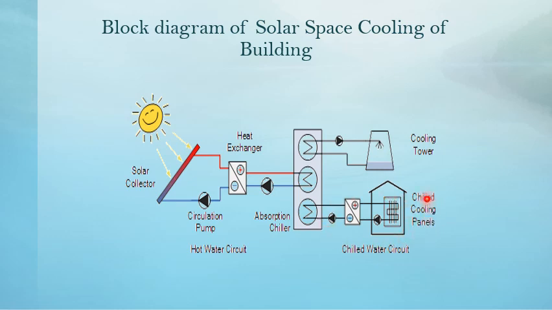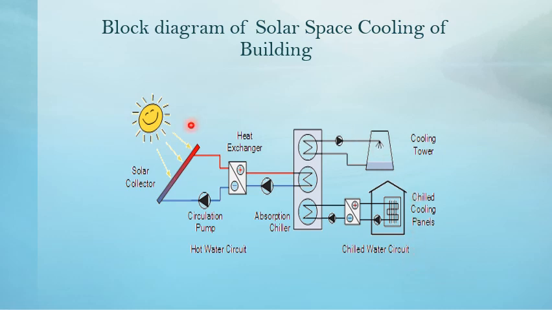As we see in the picture, the respective chillers are connected to the respective parts. In the second part, the chilled water is produced, which is named the chilled water circuit.